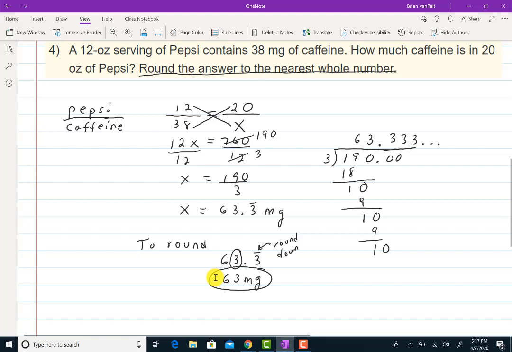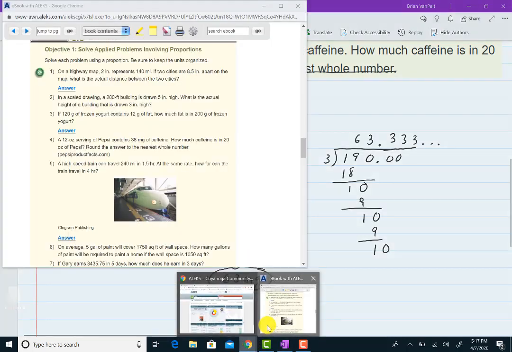Well, let's go ahead and continue. More problems from the textbook. The next one I'm going to do is problem number 8. So let's see what's in there for problem 8.